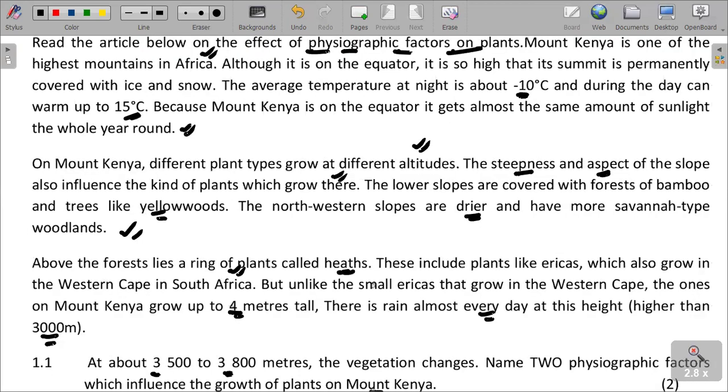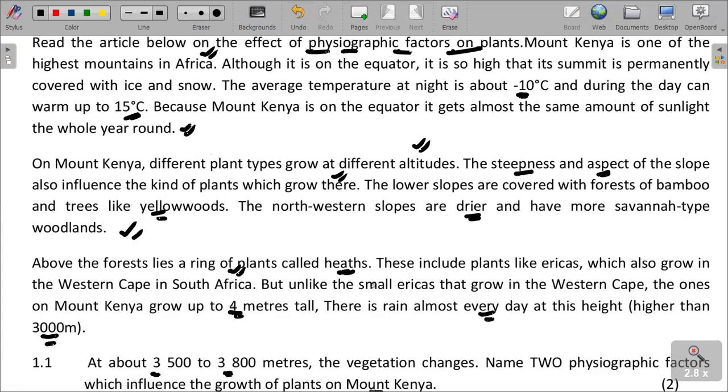As you read, what I actually want you to understand is that sometimes it is very important to first read the questions and then read the comprehension or the context, so that you can relate and pick up the answers as you go. So what is happening here is that on Mount Kenya, different plants grow at different altitudes.